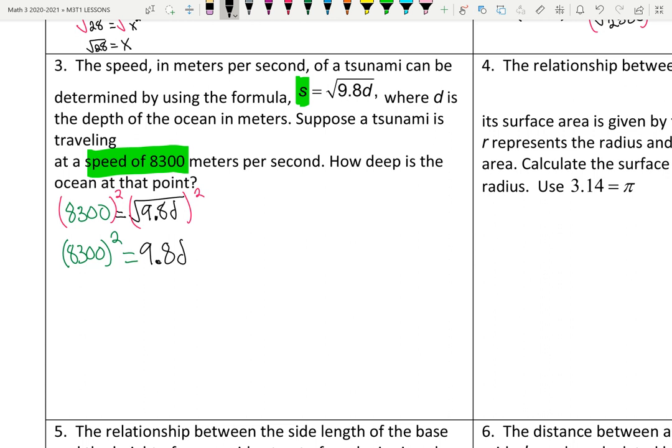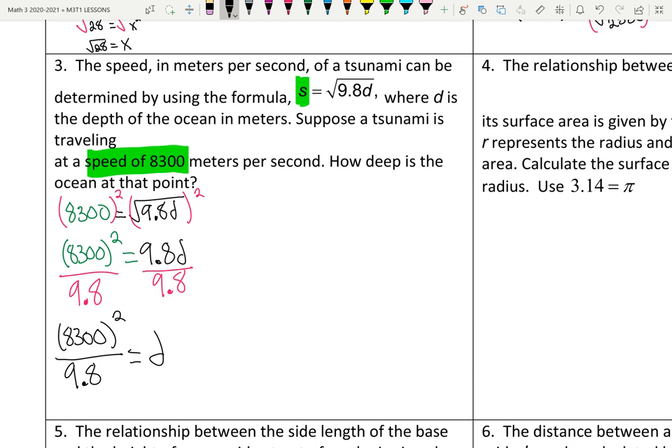You might notice that I haven't expanded that yet. That's because I'm going to save it for the end because it's such a large number. I'm going to divide both sides by 9.8. And the idea is that when I use a calculator, 8,300 squared divided by 9.8, this is going to result in the depth at that point.